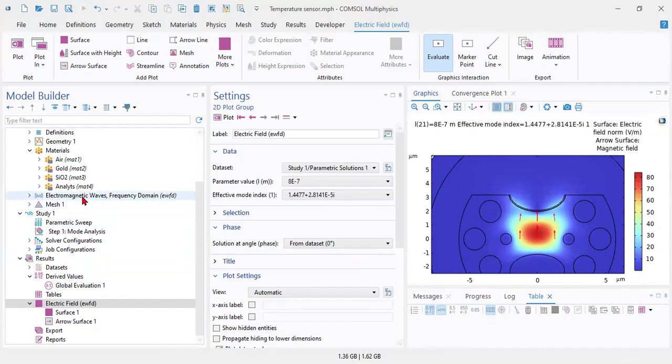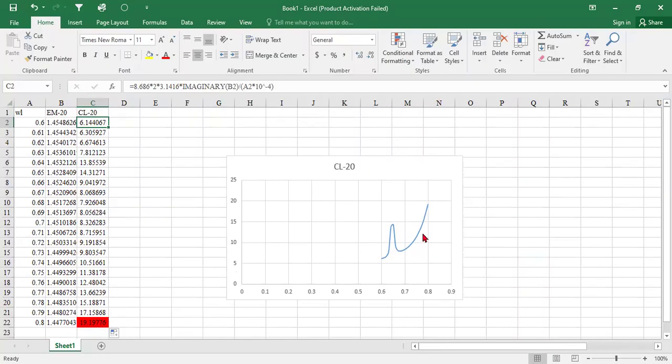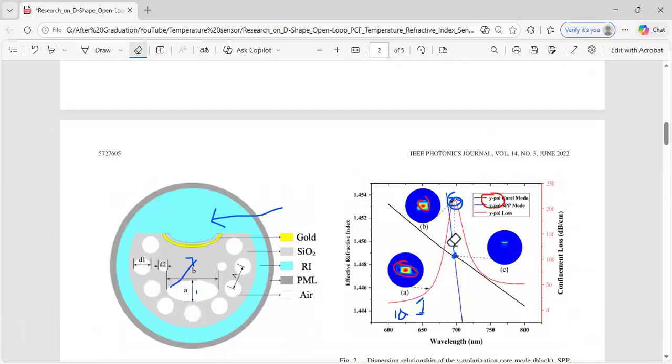And another thing is, it's shifting up. So maybe we'll get another resonance wavelength. But the problem is, we must get the resonance wavelength at around 700 nanometer, but we are not getting it there.